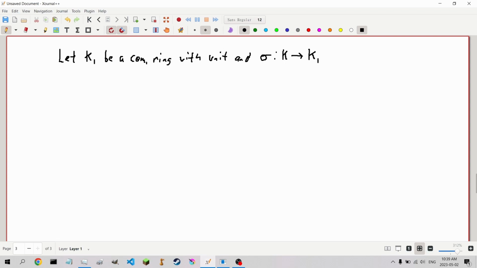So it's on the other side. And then once again, sigma maps the unit element of one to the other. Let G be a Lie algebra. That is a G, not an A. Over K.